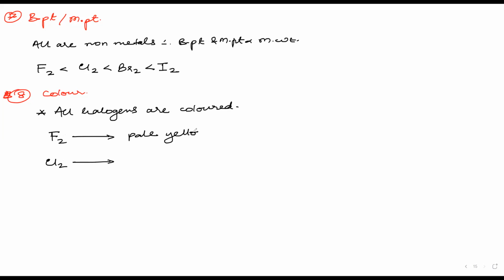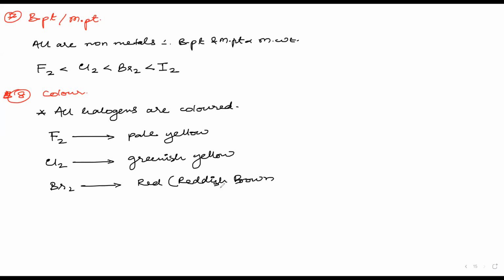Fluorine is pale yellow. Chlorine is greenish yellow. Br2 is red, or you can say reddish brown, brick color. I2 is violet.